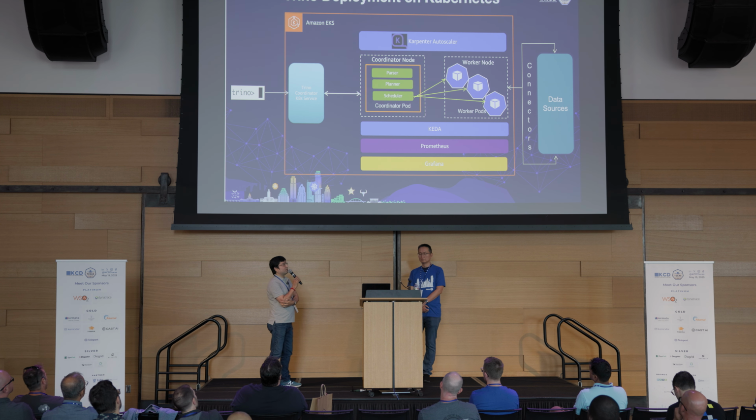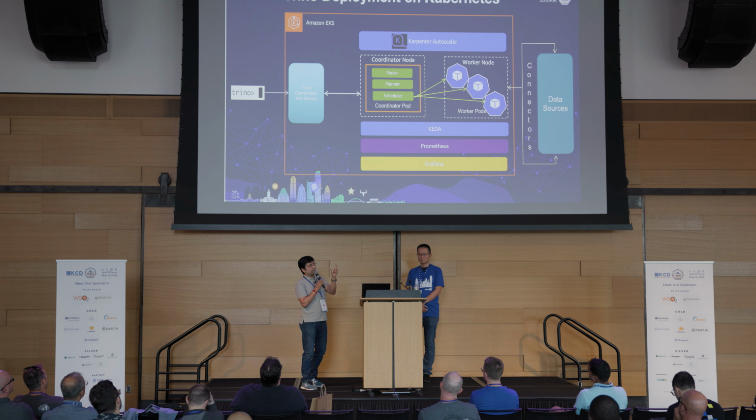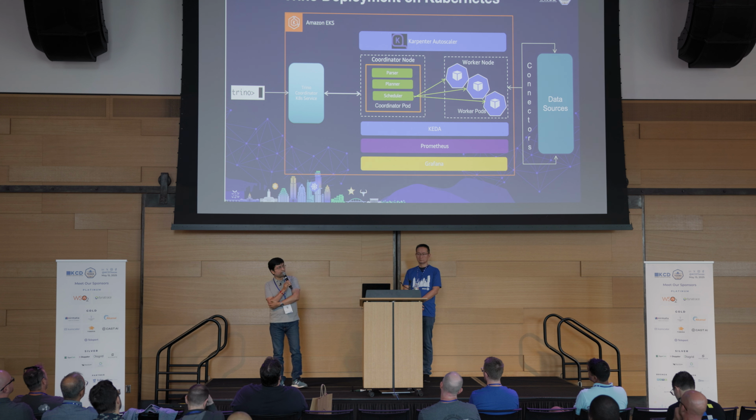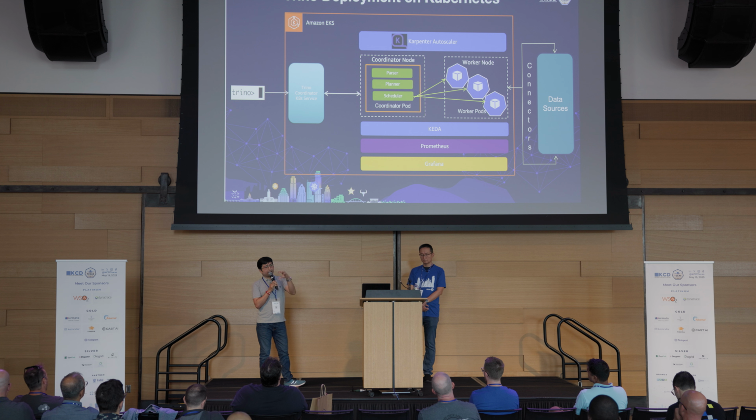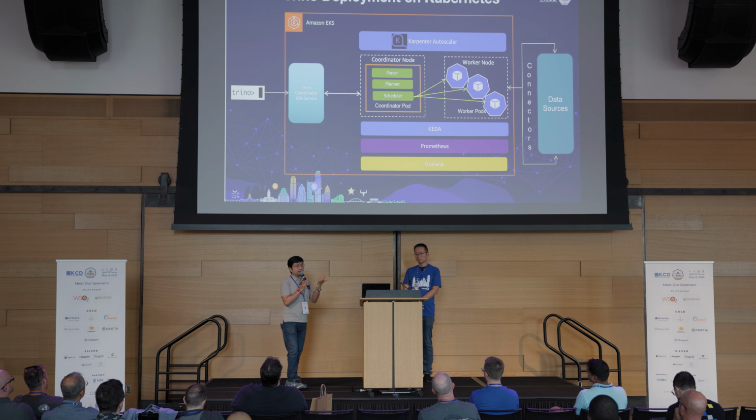Then when the query comes to the coordinator service, which is a Kubernetes service, it goes to the coordinator, and finally the scheduler will try to spin up worker pods. Let's say you are dealing with 10 data sources behind the scenes. How does it work? The workers in turn make use of the different connectors that Trino provides to connect to those underlying data sources, get the data, aggregate the data from those queries, and then send it back to the coordinator.